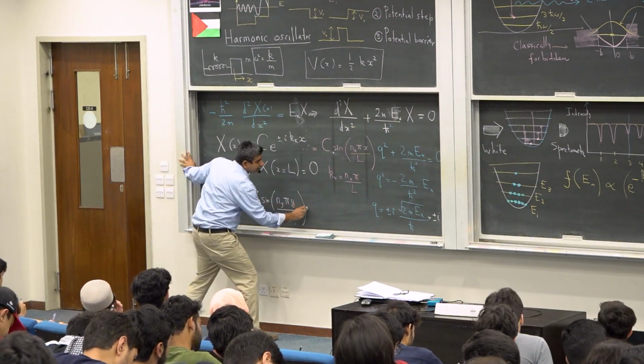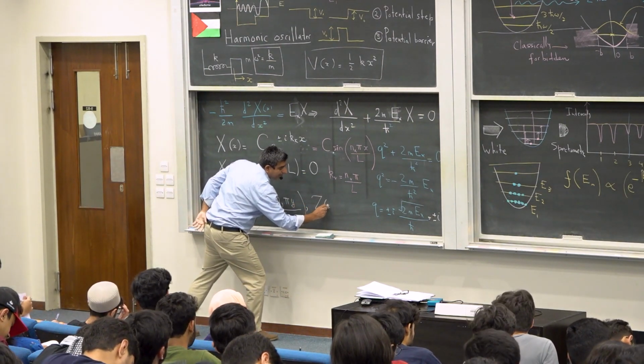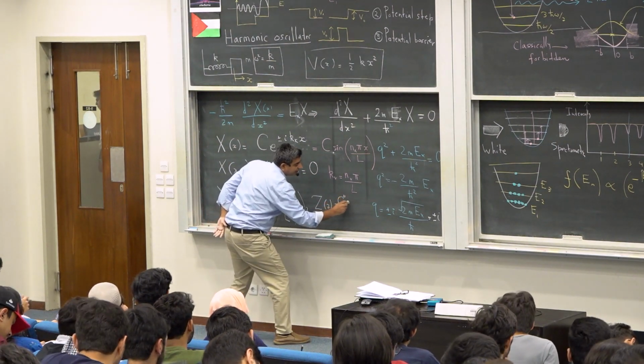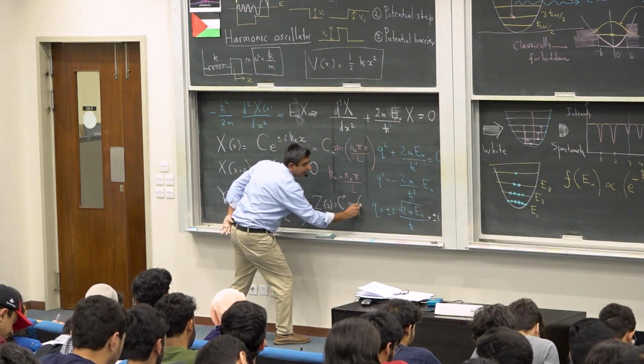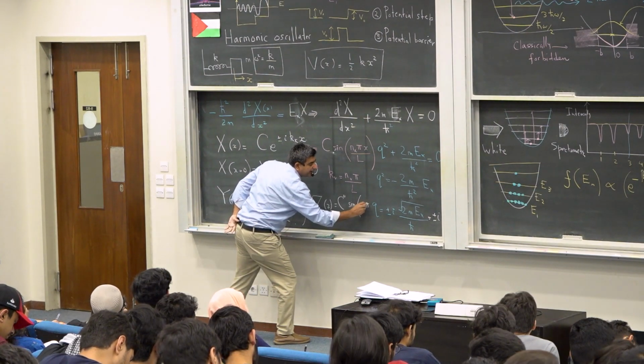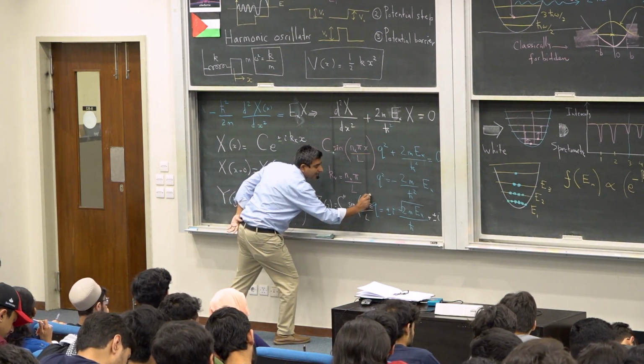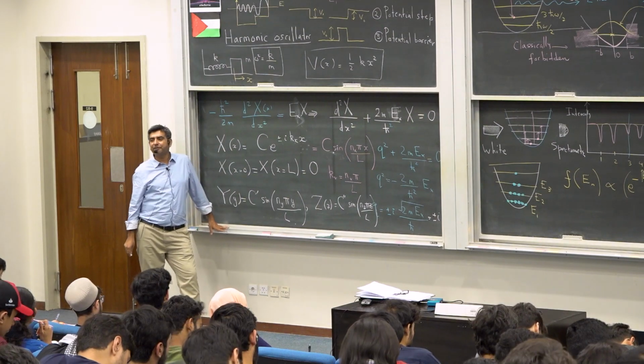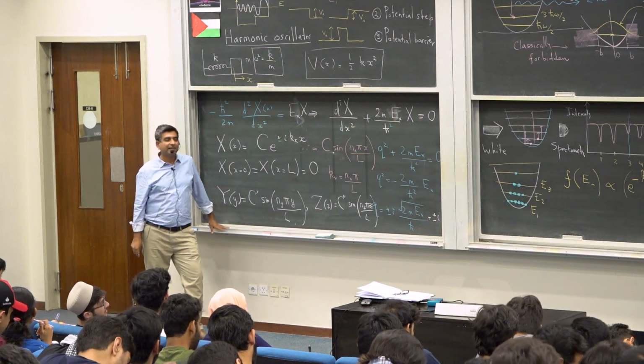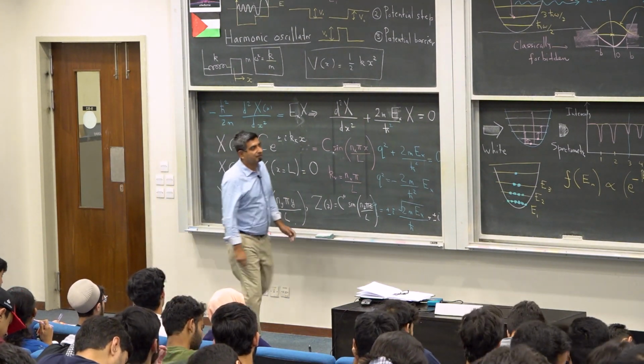What is the z part of the wave function? Sine of nz pi z over L. Got it? Now we have solved the Schrodinger equation.